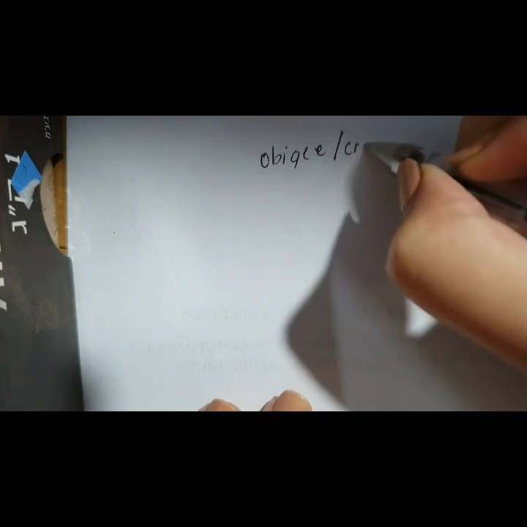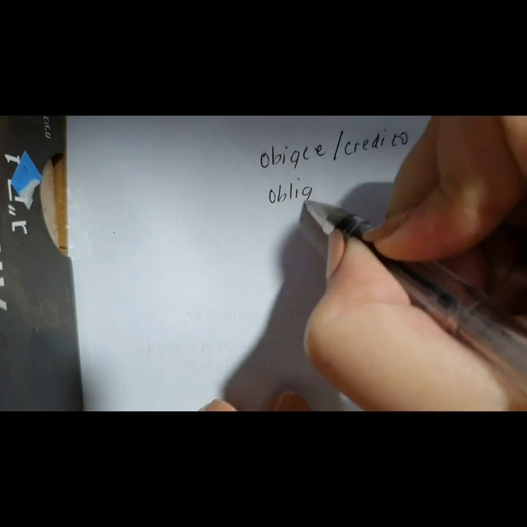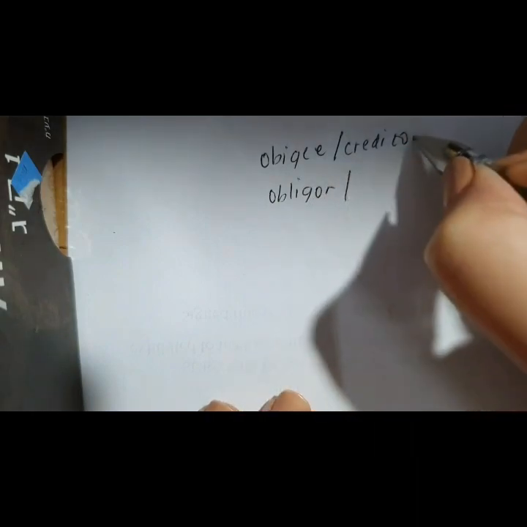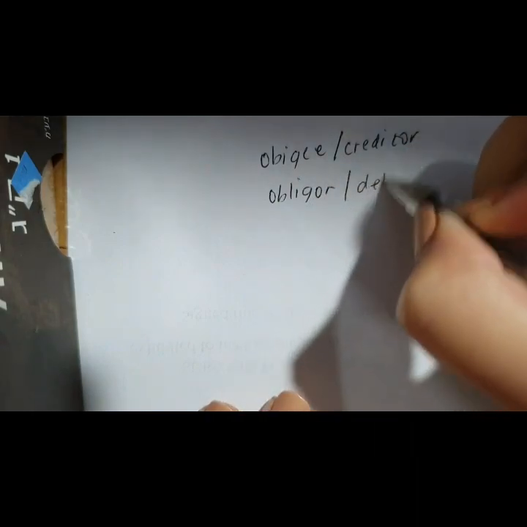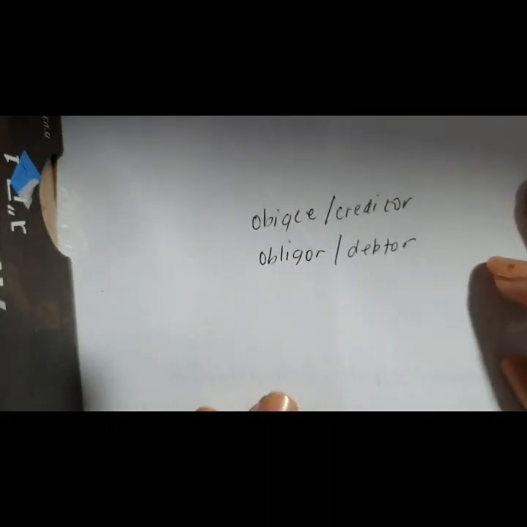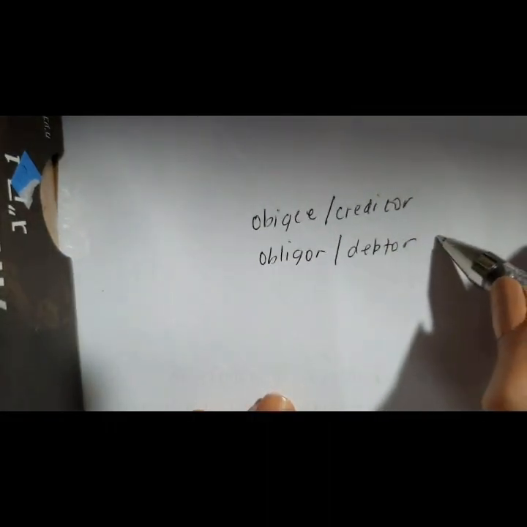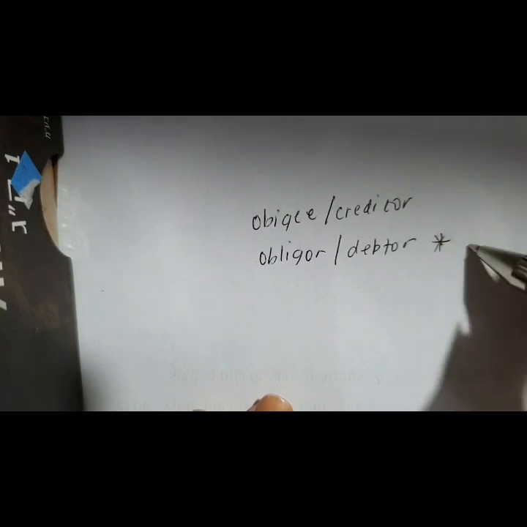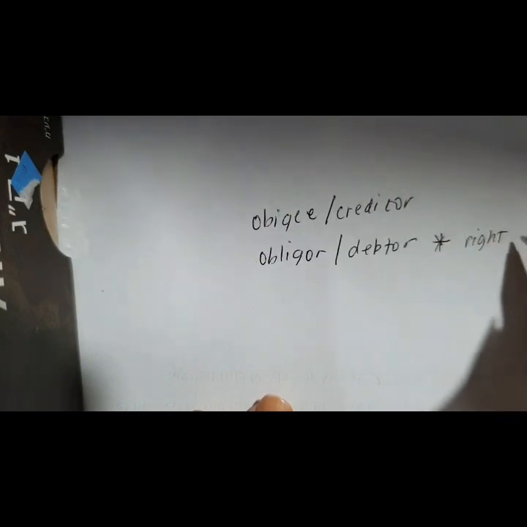In an alternative obligation, sabi natin kanina, andyan si obligee or the creditor and si obligor or the debtor. In an alternative obligation, as a general rule, na kay debtor ang right of choice.